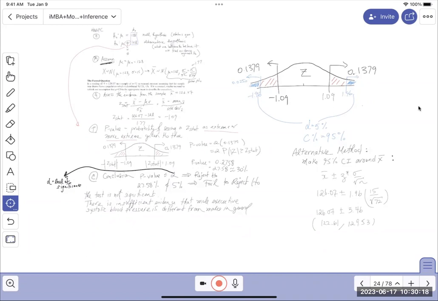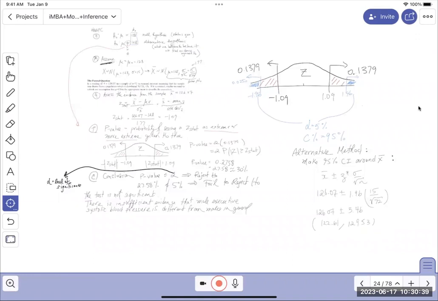Yeah, it's divided by 2. I just split it up. And it's 95% in the middle. So we're going to use this alternative method, make a 95% confidence interval, and we see.